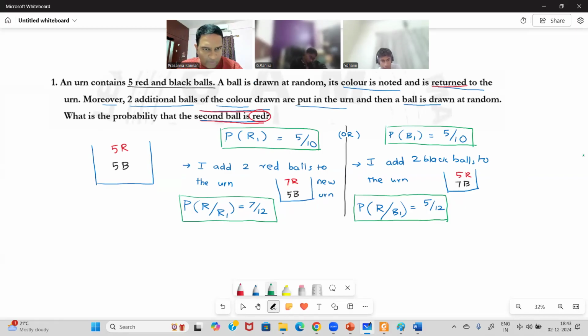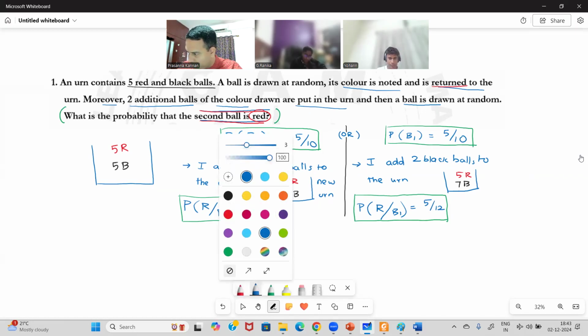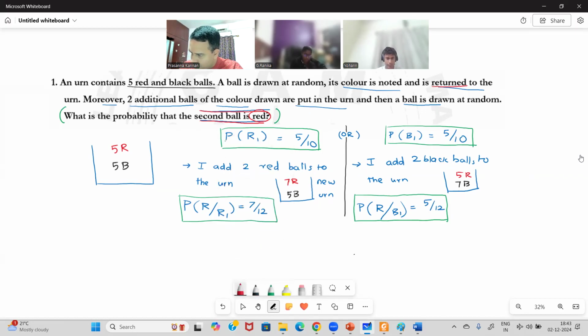Now we are doing the total probability, which means we are answering this question. What is the question? What is the probability that the second ball is red? R represents the event that the second ball is red.